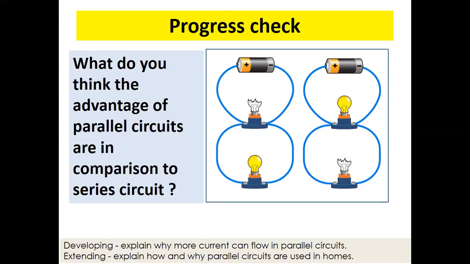And the reason for this was that they were wired in series, which meant that the electricity had to flow down the wire, go through the bulb, down the wire, through the next bulb, down the wire, through the next bulb, and it just followed on. Now, if one of those bulbs was broken, then the whole circuit was broken because there was no other way the electricity could continue around the circuit.